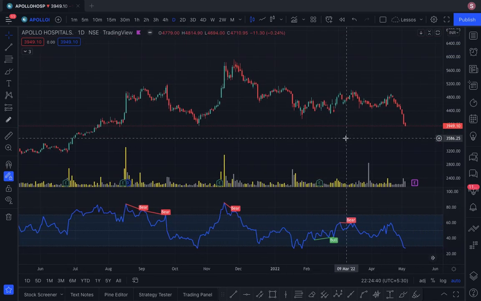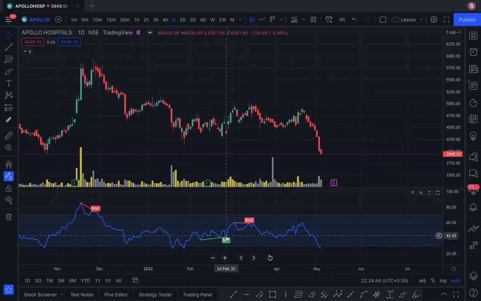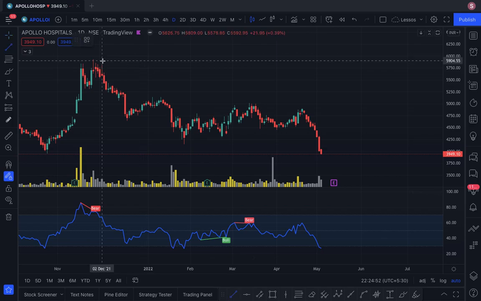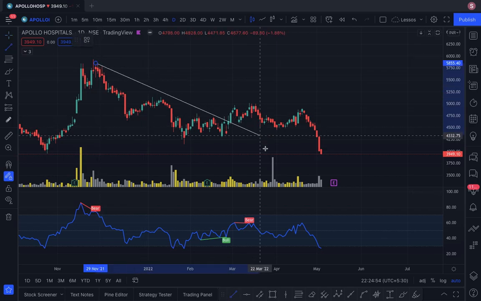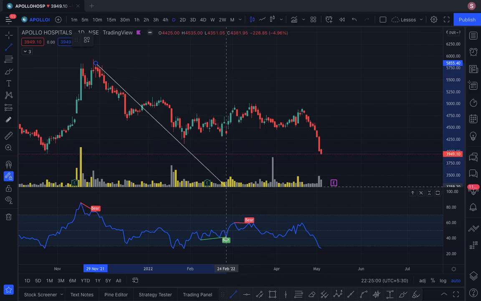All right, Apollo Hospitals now. All right, now it's shown a bullish divergence. So again what I'll do, I will simply draw the trend line from the past price. When I draw the trend line, you see I have to connect as many points as possible. Divergence is happening over here.